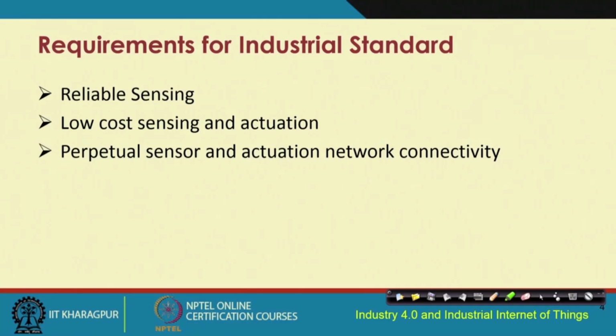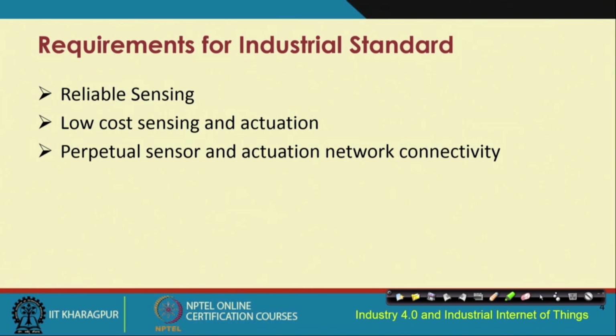So, they have to be low cost and high performing, because these sensors will have to perform for long durations of machine use. Under extreme conditions, these sensors will have to perform, and they have to be reliable because not only do they have to operate for long durations, they also have to throw in data which can be relied upon. They have to be accurate and reliable. So, these are some of the requirements for industrial sensors being used.